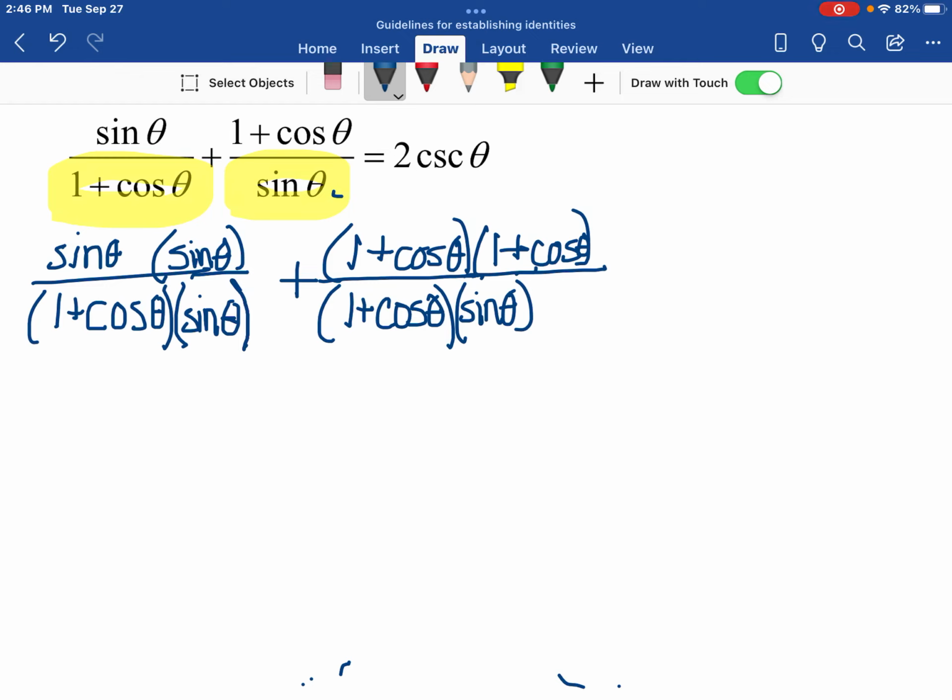Okay, now I want to clean this up and combine these two fractions. So my common denominator for the sum is that 1 plus cosine theta times the sine of theta.